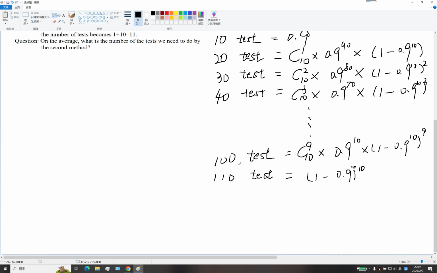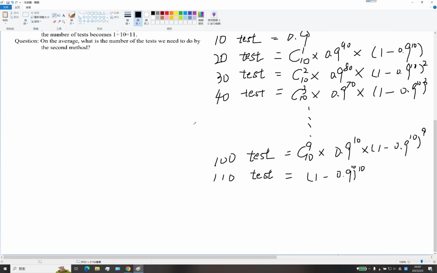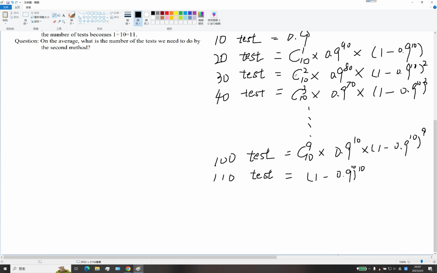So the question is, on the average, what is the number of the tests we need to do? We should calculate the expectation, which means that we should multiply each number of tests by its probability and add them together.